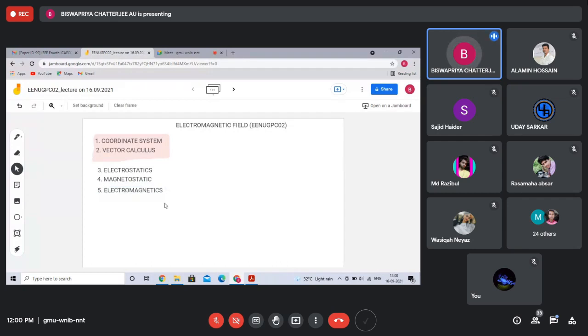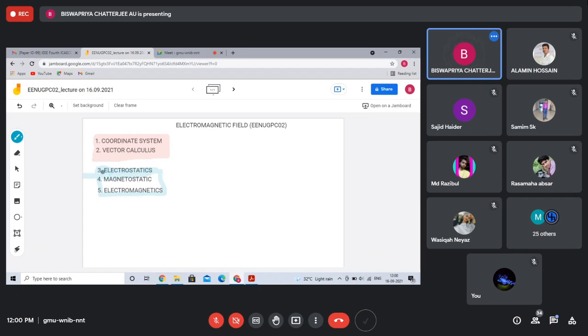Again, I am telling you, these two highlighted in red are the foundation modules of this course. If you do not learn them well, you will not be able to learn the rest. If you learn them well, then you will be able to understand the concepts of these three.